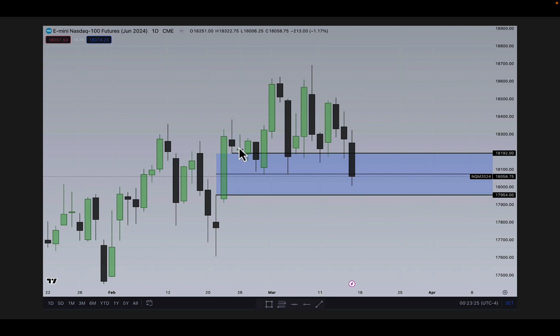But obviously, we can see on the daily chart for the NASDAQ, all in this consolidation, we essentially just stayed in the upper portion of it. And that's what made me essentially think that maybe price could be bullish.